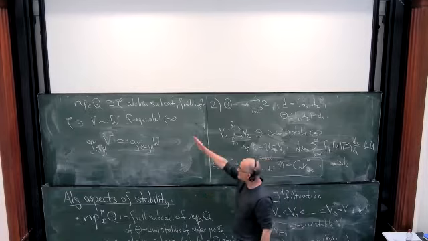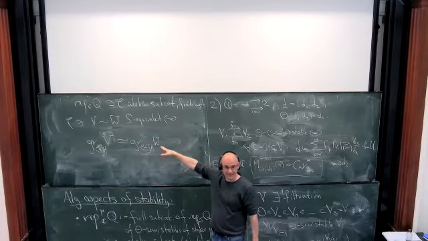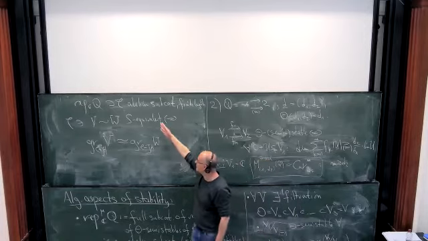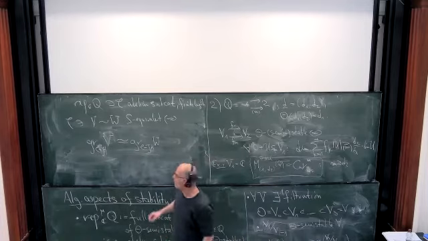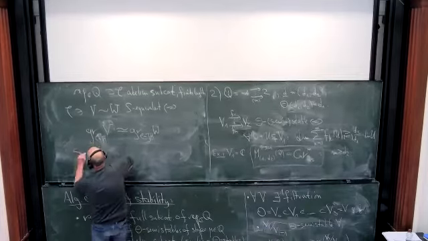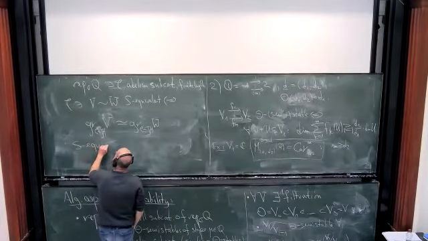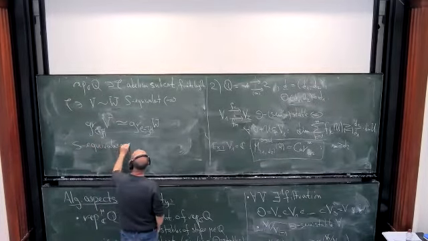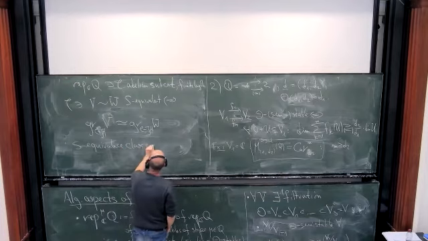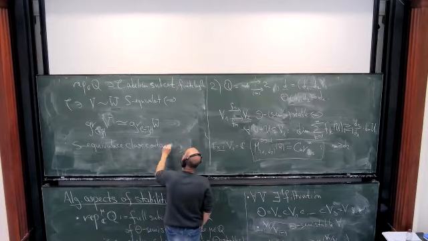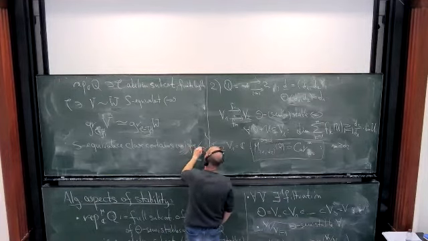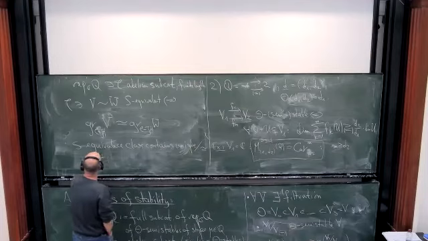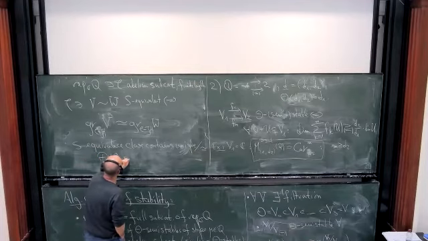Okay, now in any S-equivalence class, you can just take an object which is just a direct sum of simples. So the S-equivalence class contains a unique, up to isomorphism, direct sum of C-simple objects.